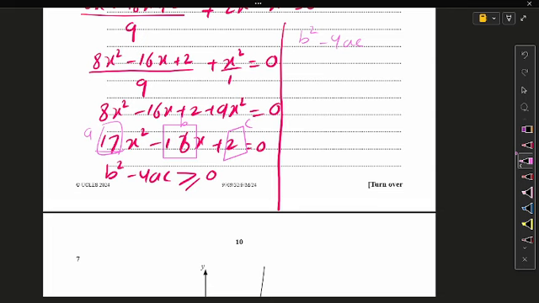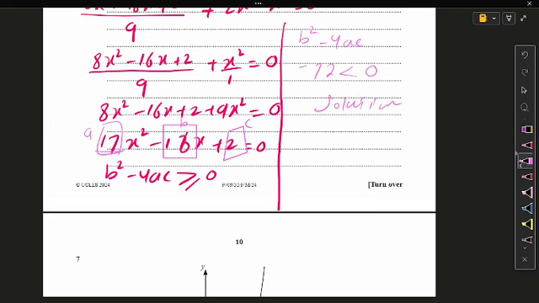It's coming as 64 minus 136, that is minus 72. So minus 72 is coming, which is less than 0. It means that it's not equal to 0, and in fact it's not greater than 0. It is coming as less than 0. So it means that the solution doesn't exist.